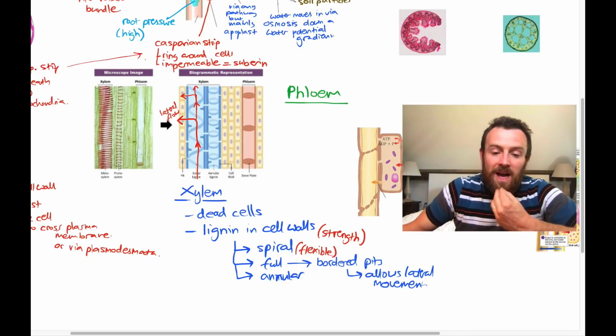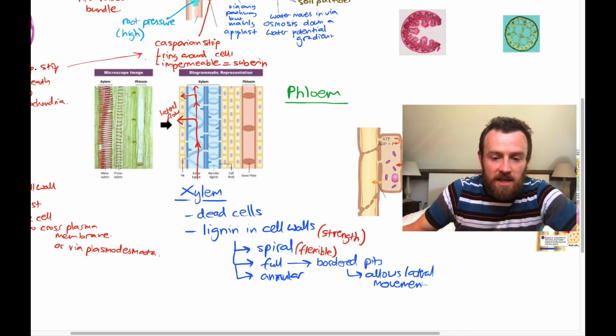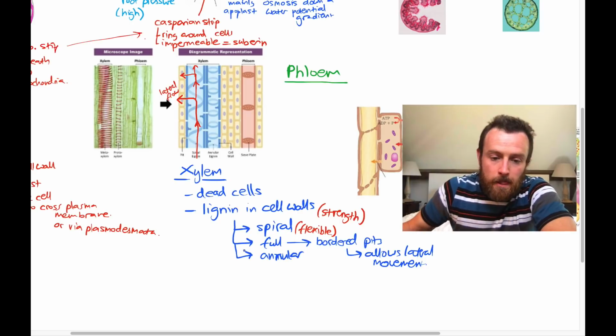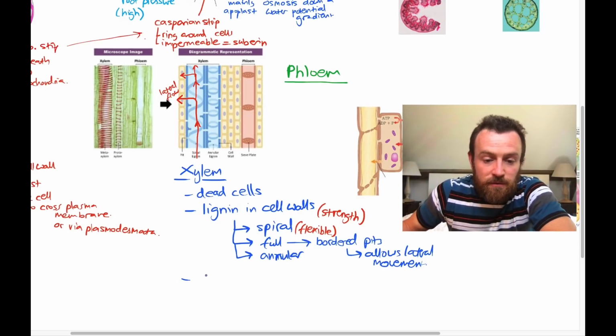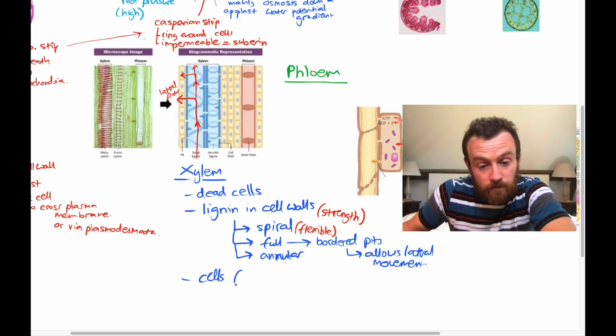Right, what else? So dead cells, lignin in cell walls. Cells fuse end to end.